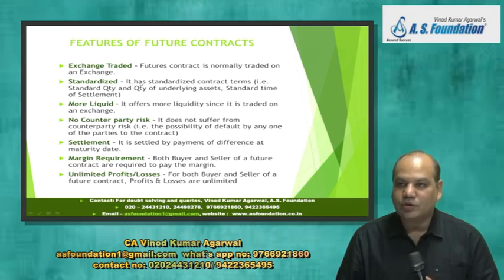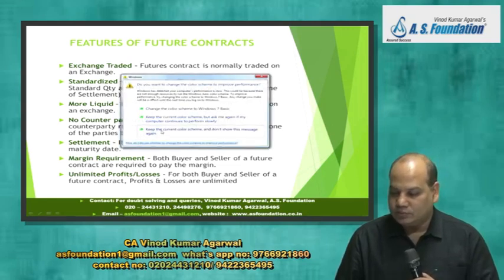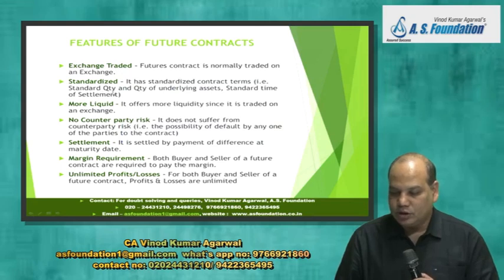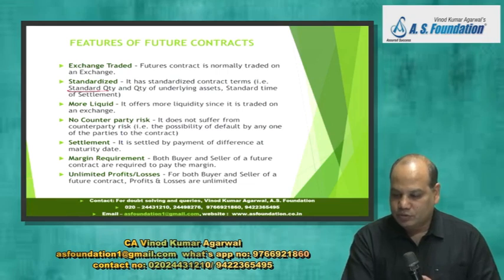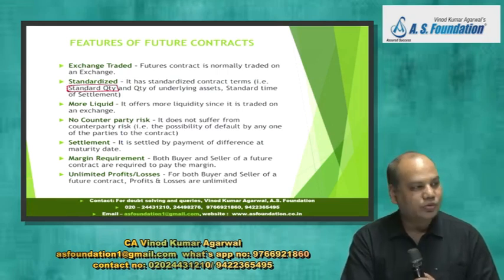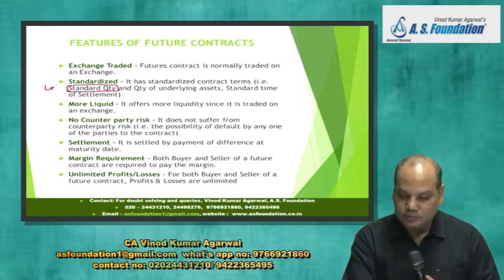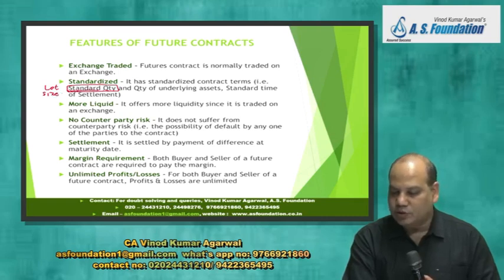Then future contracts are standardized. Standardized means most of the terms and conditions will be fixed by the exchange where you are trading. For example, the exchange will fix the quantity in which you can trade, that is called lot size. Say for example you want to trade in Nifty future.